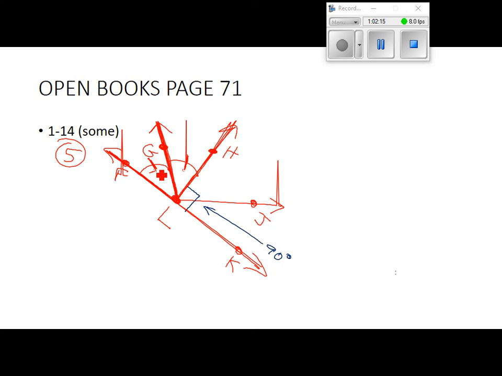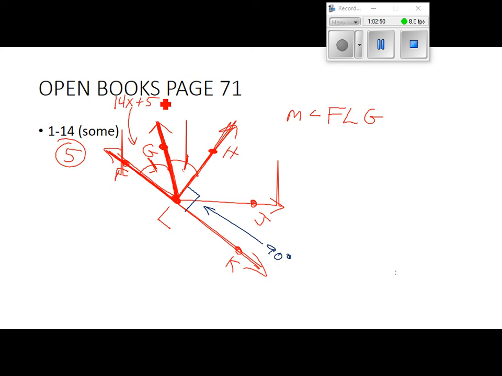Now the next part, they say this. Watch closely on this so you make sure you understand. The measure of angle FLG. What do they tell us about the measure of angle FLG? It equals 14x plus 5. Good.